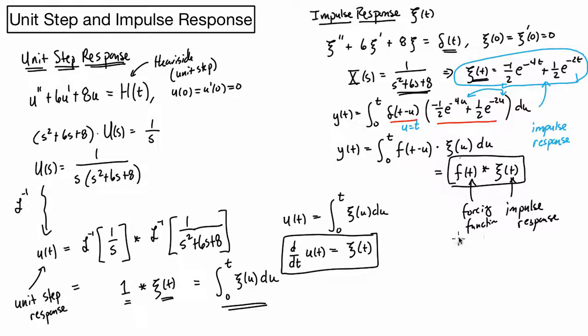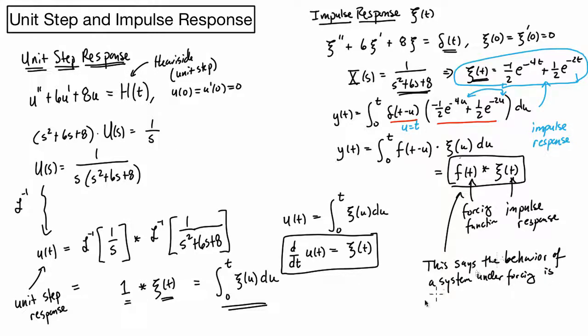So going back to what we discovered over here, kind of tying a neat bow on the semester, if you will, this says the behavior of a system under forcing is essentially a convolution of impulses with magnitude f of t for every t.